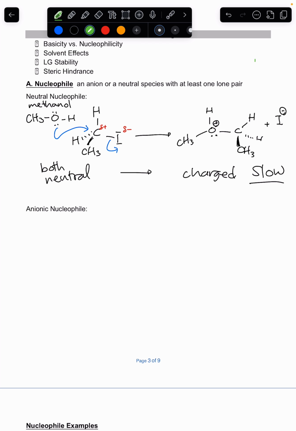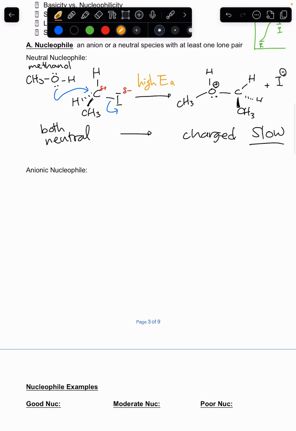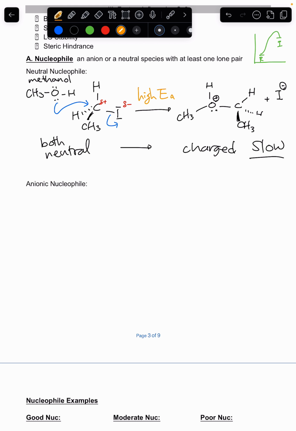If you think of the reaction energy diagram, here are your reactants, and here's the product, or this intermediate that's charged. That would be a fairly high energy species, so you have to overcome this big activation energy. Remember that stands for high activation energy, and if you have a high activation energy, that reaction tends to be slow.